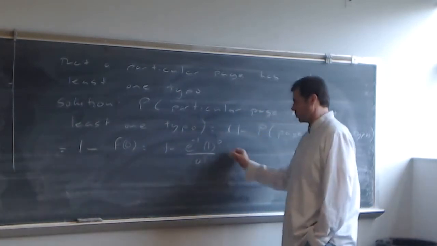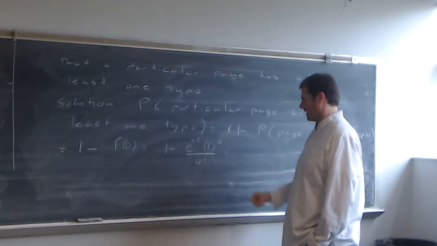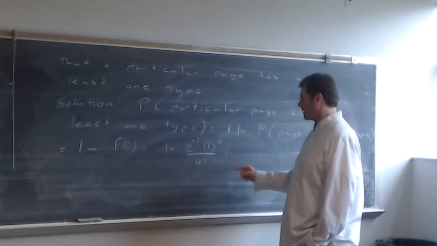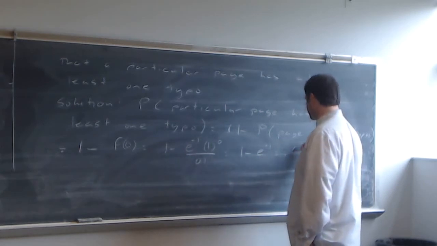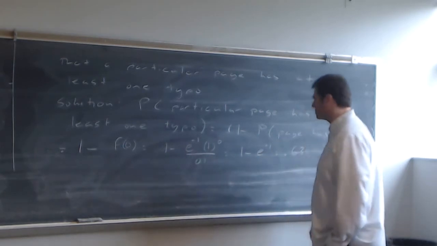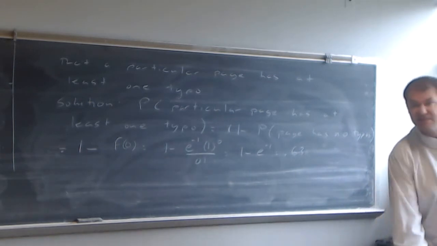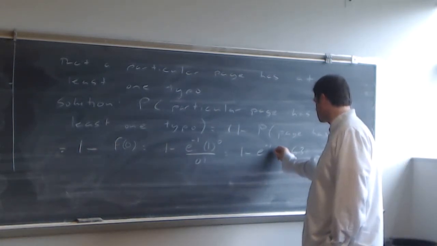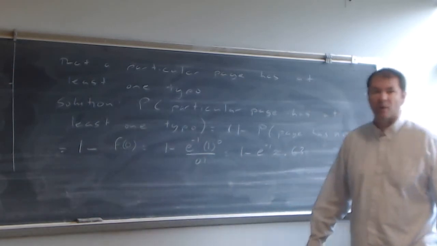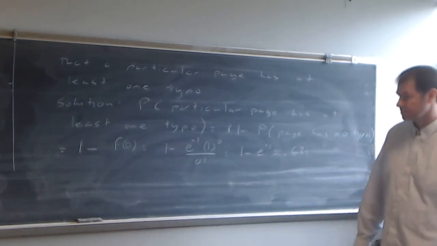Remember, 0 factorial is 1, and 1 to the 0 is 1. And so here I get 1 minus e to the minus 1, which is about 0.63. There's about a 63% chance that there's at least one typo on the page.